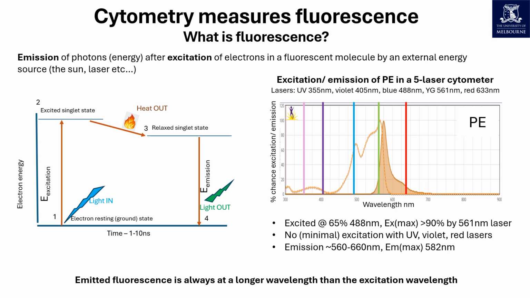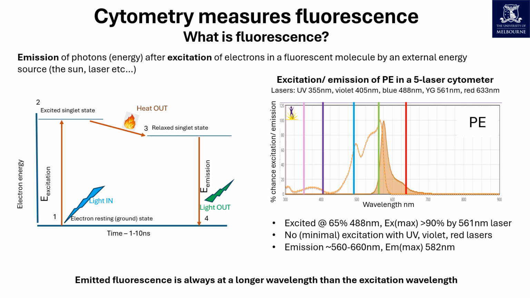The coloured vertical lines are the wavelengths of laser light on a 5-laser cytometer: UV, violet, blue, yellow-green, and red. The x-axis shows the wavelengths in nanometers, and the y-axis shows the percentage chance of excitation or emission at a given wavelength.